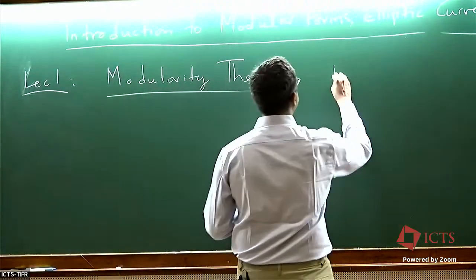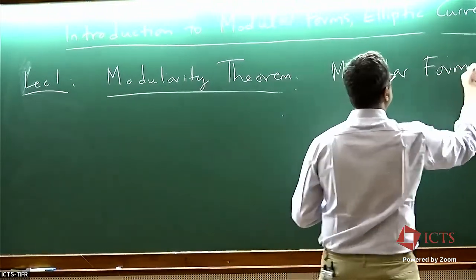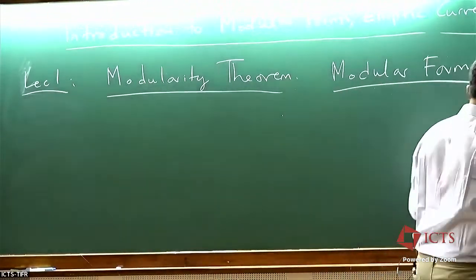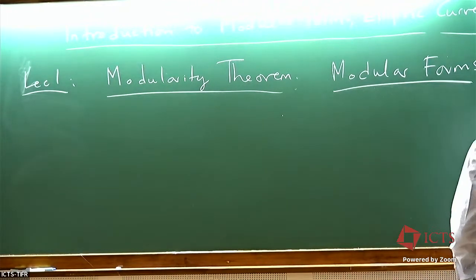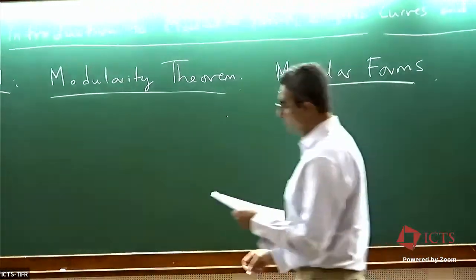Modular forms. So H, I'll just write the usual Roman H for the upper half plane, half complex plane. And SL2(Z).